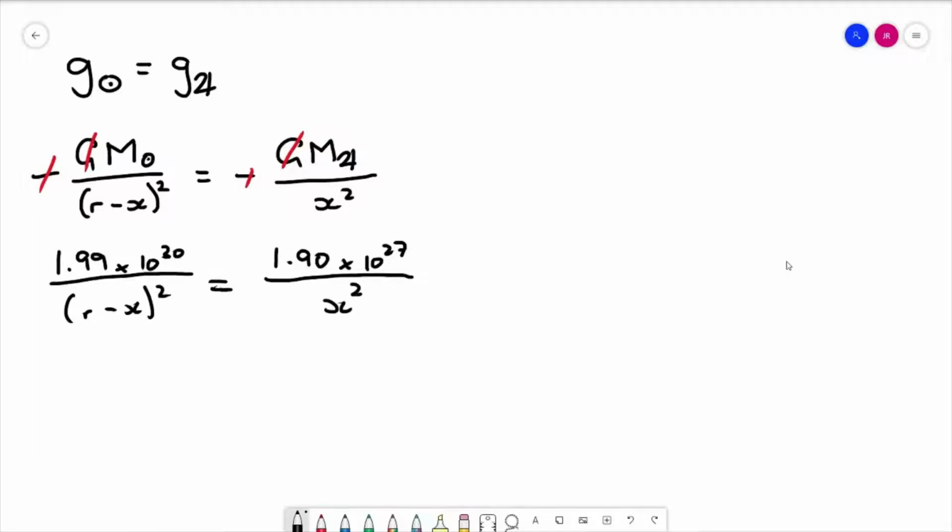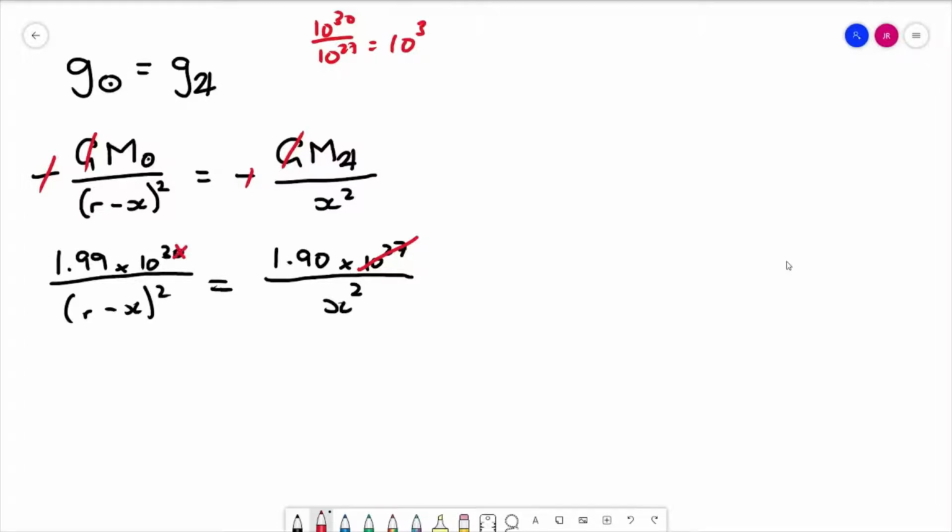Now, what we can do straight away on this top line is we've got some powers of 10 that we can cancel out. If we divide both sides by 10 to the 27, that one disappears. And 10 to the 30 divided by 10 to the 27 works out as, remember, we subtract the indices, 10 to the 3.